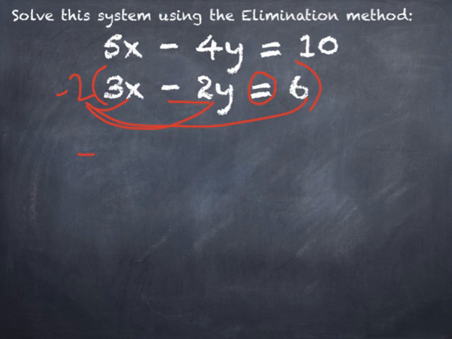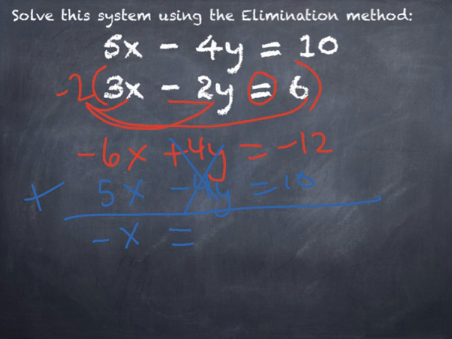Doing that gives me negative 6x plus 4y equals negative 12. My original equation on top was 5x minus 4y equals 10. I'm going to add those two equations together, leaving me with negative x. My y's canceled, which is what I wanted.